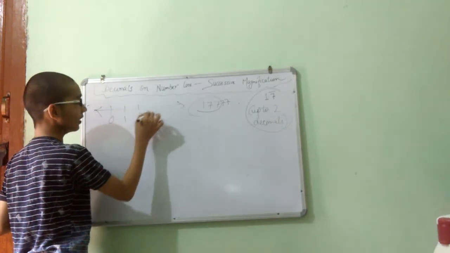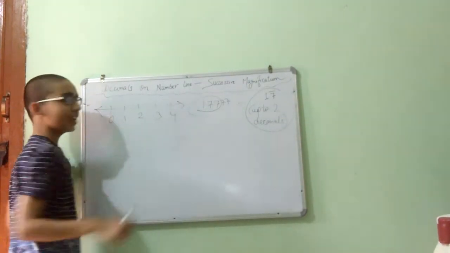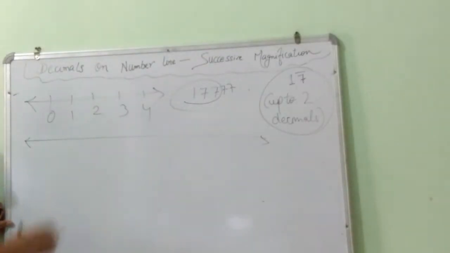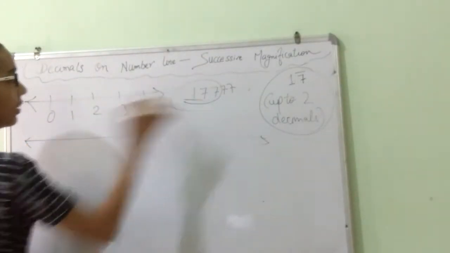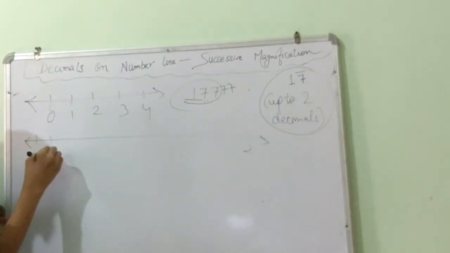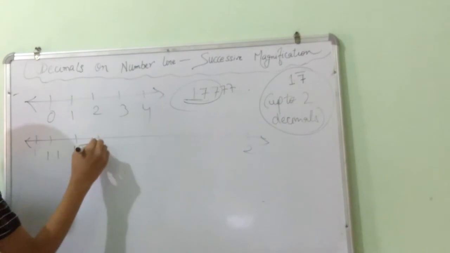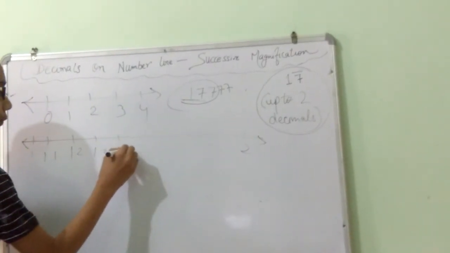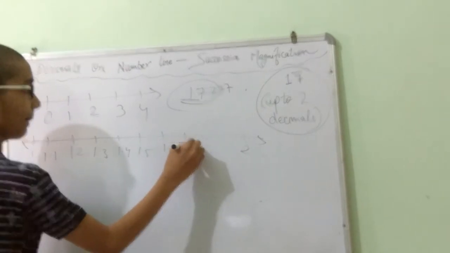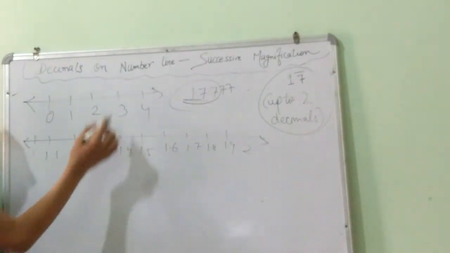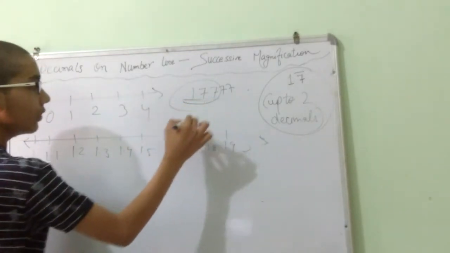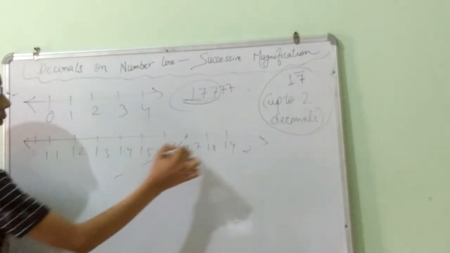0, 1, 2, 3, 4 and so on. Now see, 1.7, where will it lie? Between 1 and 2. 1.1, 1.2, 1.3, 1.4, 1.5. Now see, where is 1.7 here? Now 1.77 will lie between these two.